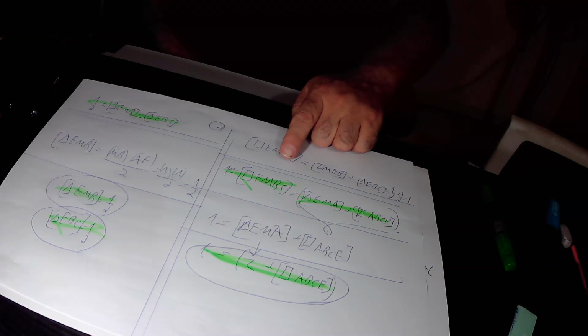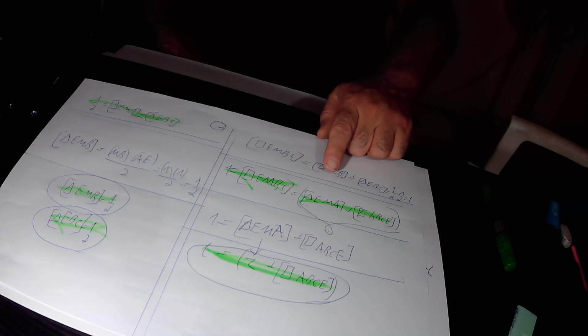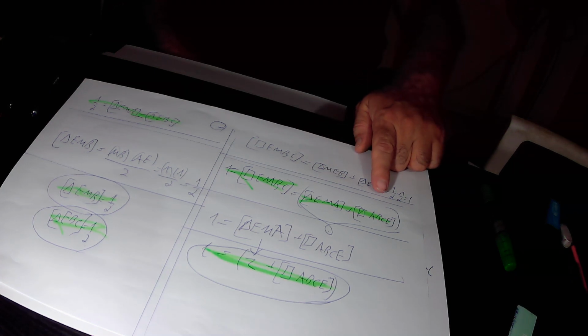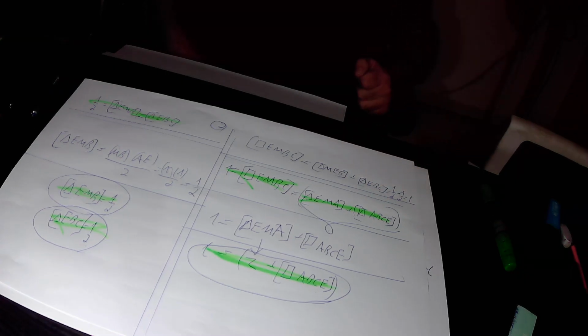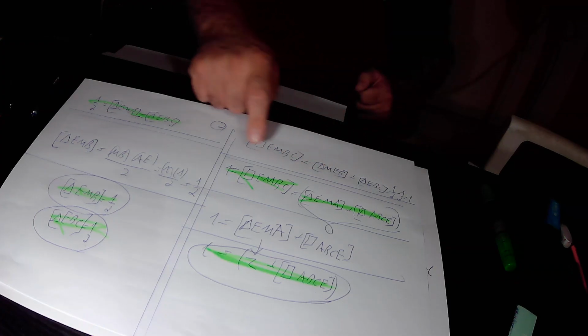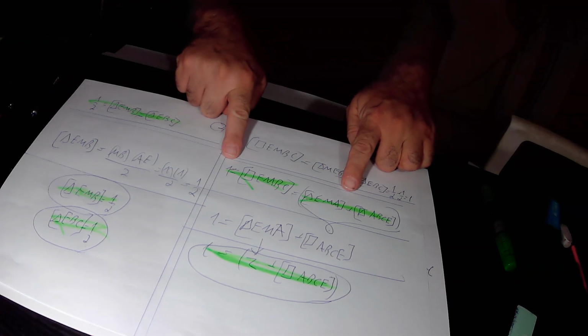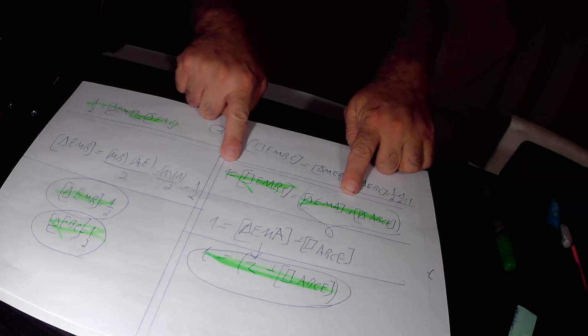Therefore, the area of EMBC equals the area of triangle EMA plus the area of quadrilateral ABCE. And from this long equation, we know that those two sides are equal to each other. That is to say, 1 equals the area of triangle EMA plus the area of quadrilateral ABCE.